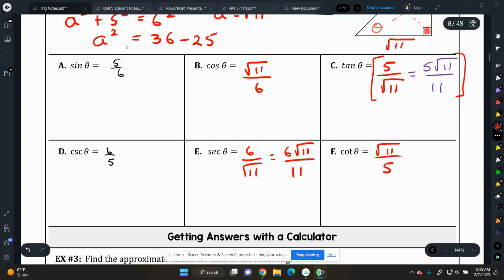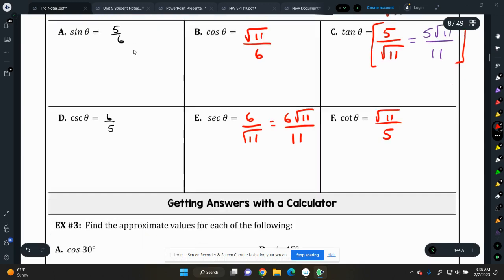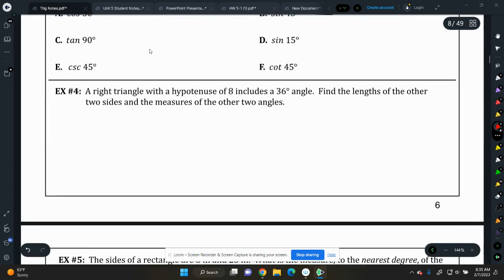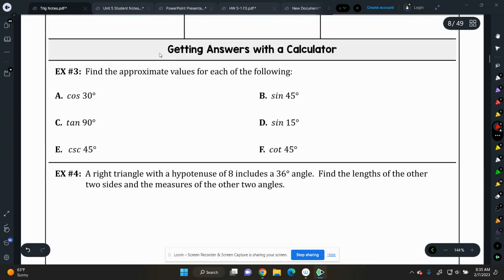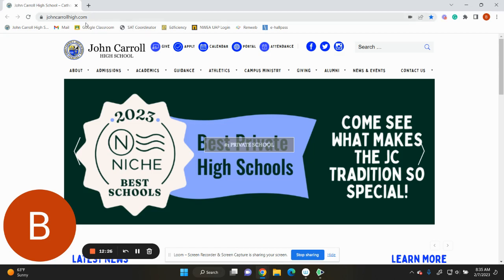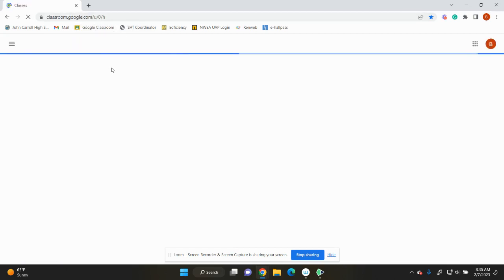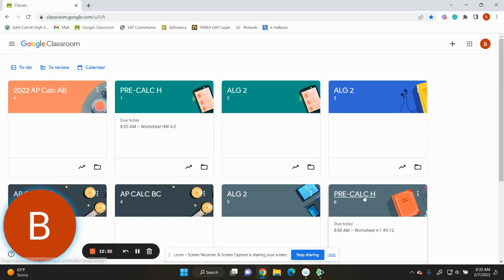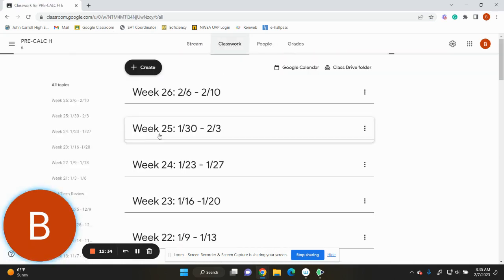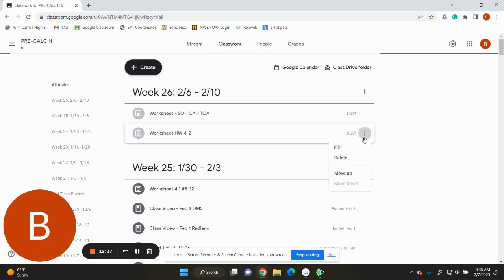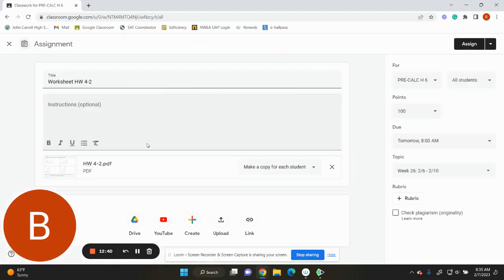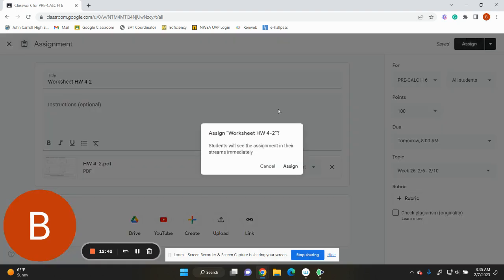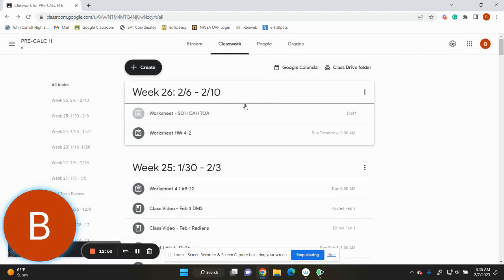Okay. Questions so far? All right. So I would like you to work on the worksheet. Let me just make sure that I've released it. Worksheet 4.2. It's in your Google Classroom. And let me just tell you which numbers to do here.